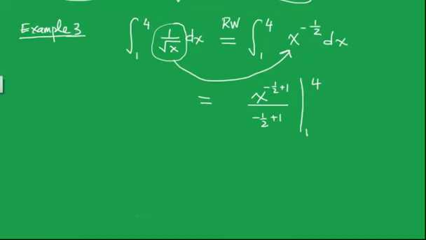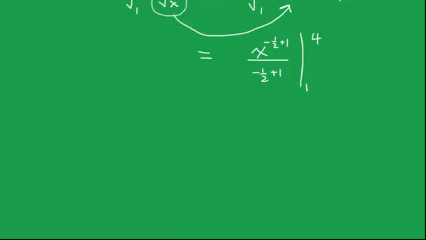But let's first simplify this expression. So this is equal to x to the 1/2 divided by 1/2 from 1 to 4, vertical bar. So this is 2 square root of x, the vertical bar from 1 to 4.